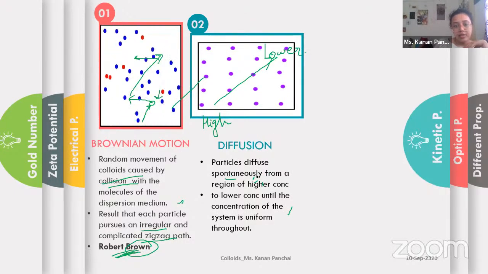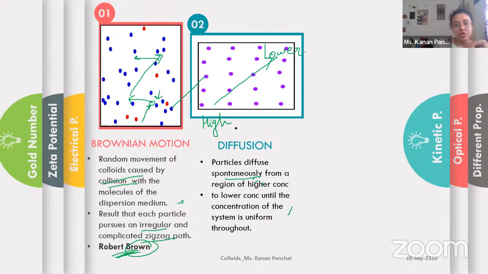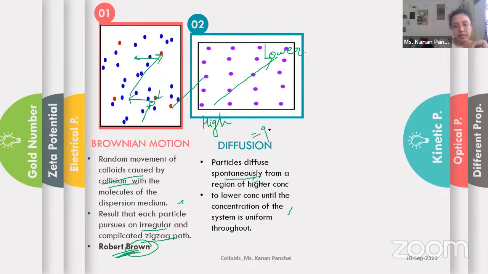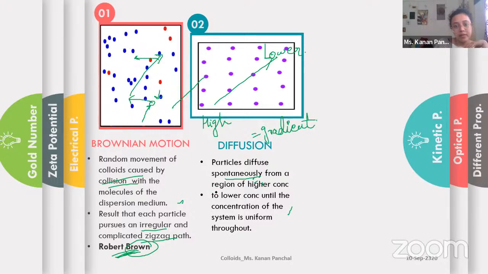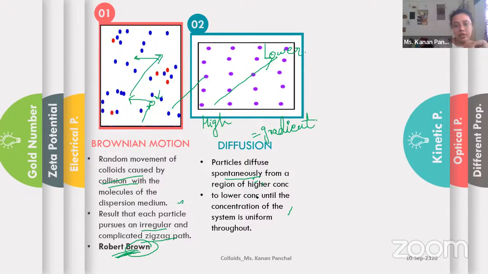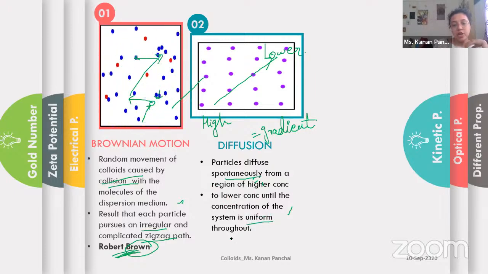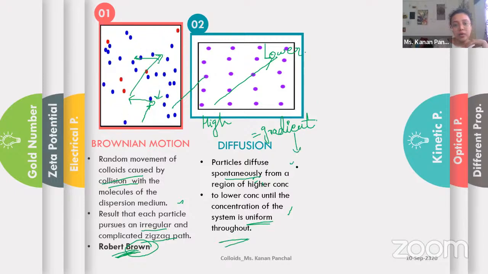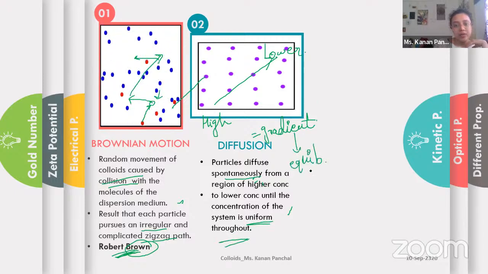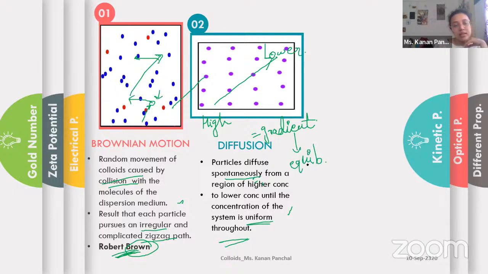This is spontaneous, but there has to be a gradient. It takes place when there is a gradient, from higher concentration to lower concentration, until the concentration of the system is uniform throughout. Matlab, eventually it will attain equilibrium.